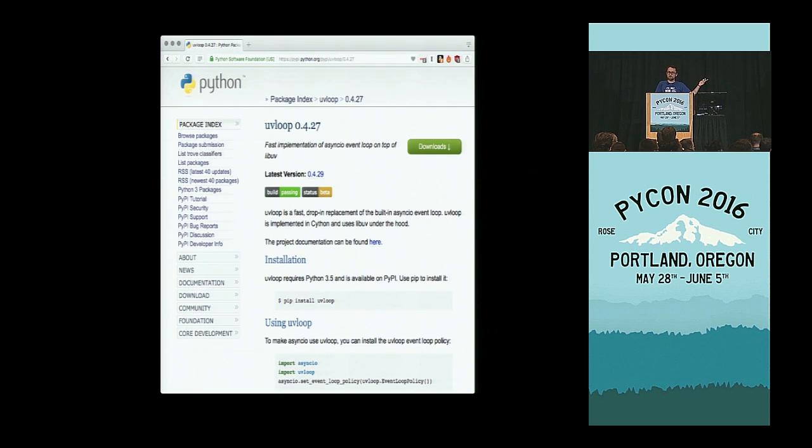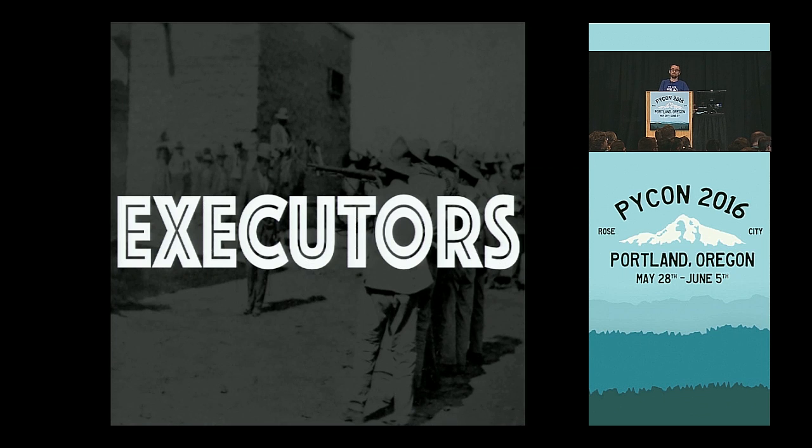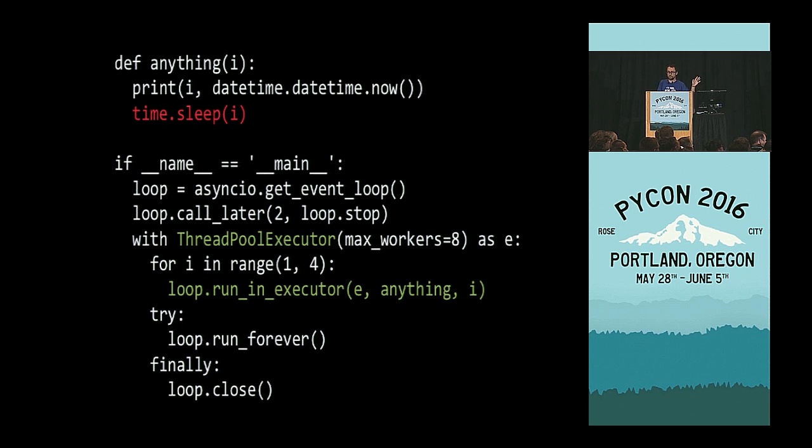But if you really want speed, you will inevitably find yourself dealing with already existing blocking APIs, and that makes you really sad because you can't do anything about it. Or can you? Yes, you can. There is a concept of executors in asyncio, which basically means if we really have a terrible function coming from a third-party library, and we can't do anything about it, it was just implemented to wait forever for something, we can just say, hey, I'm going to use a pool of threads and run those slow things in those threads.